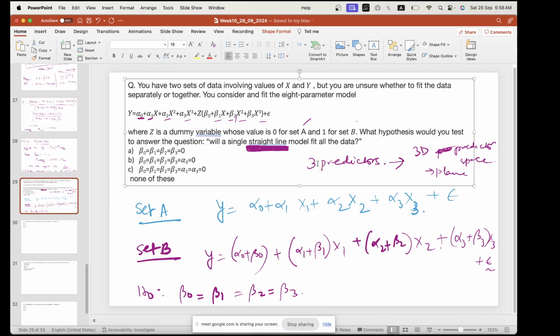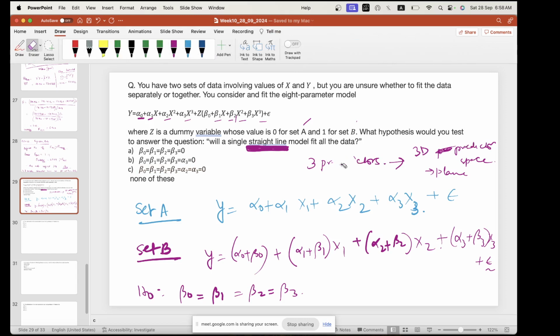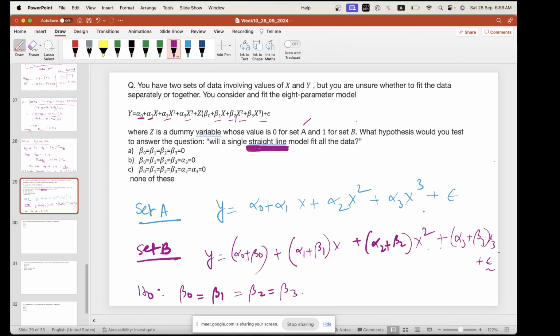This is not something we would want to go into, so I'll just remove this. Now here we have x, x square, x cube.